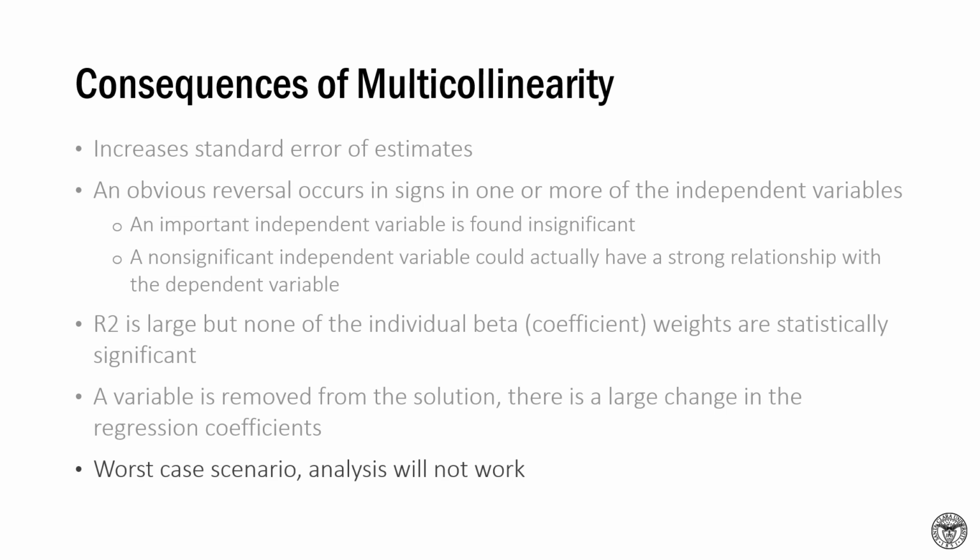In the worst case, the presence of multicollinearity can render the analysis outcomes unusable for interpreting the relationship between the dependent variable and the independent variables. Given these potential consequences, it is crucial for us to identify and address multicollinearity in our analysis.